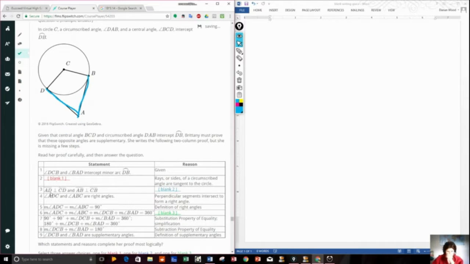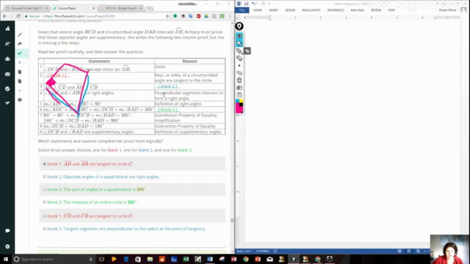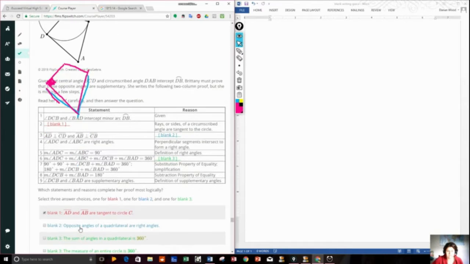Then we know that AD is perpendicular to CD, and AB is perpendicular to CB. Blank 2, the reason why we know that, is that tangent segments are perpendicular to the radius at the point of tangency. That was in one of our earlier lessons.